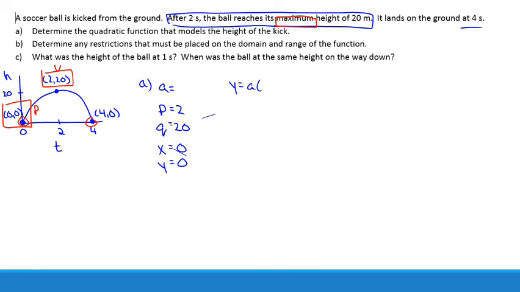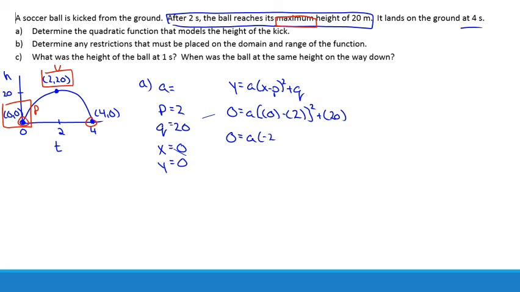So now I'll get working on finding my a value, because remember we have to do that. So this is 0 equals a times (0 minus my p value, which is 2) squared plus 20. Now I'll clean everything up, all the extra brackets and the signs.